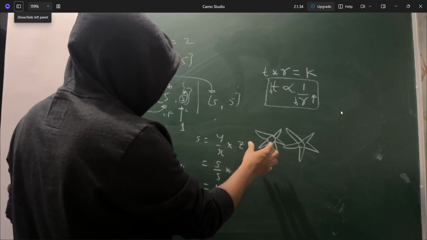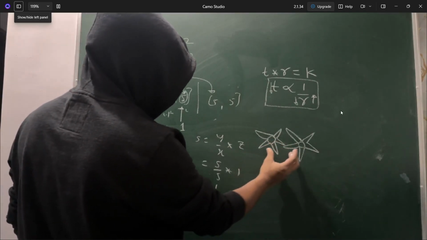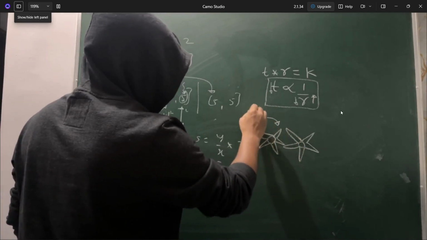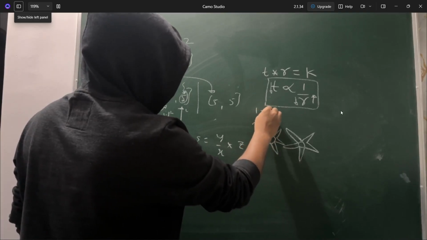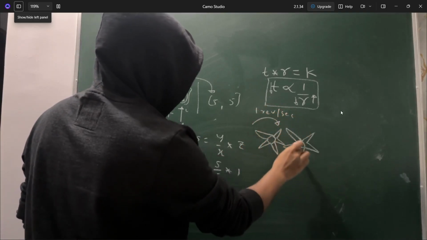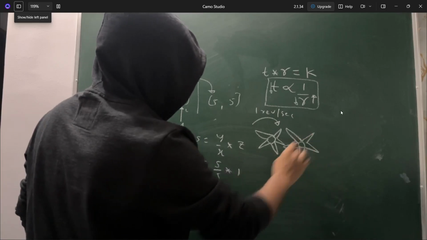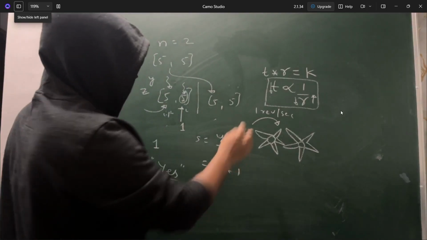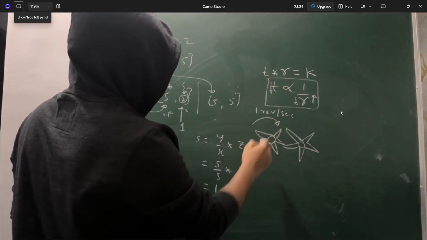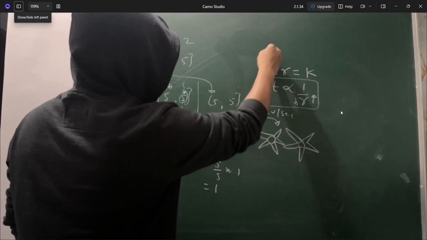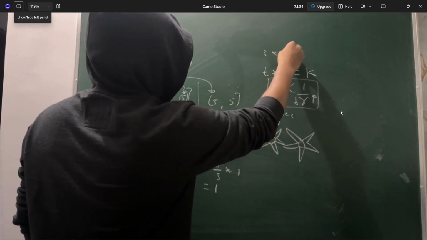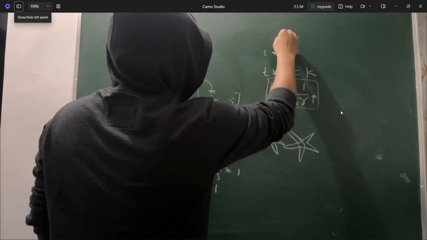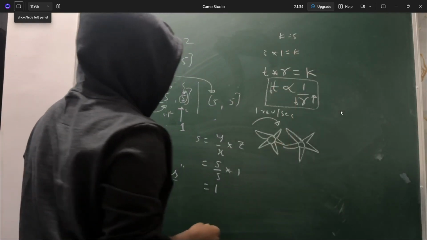Now since both the sizes are equal, the number of teeth are equal, so if it is rotating at one revolution per second, then obviously this will also be rotating one revolution per second, right? That is true, and this is according to this also. Since here you have 5 teeth, revolution is 1, and this equals, let's say, k, and your k value is 5 in this case, some constant.